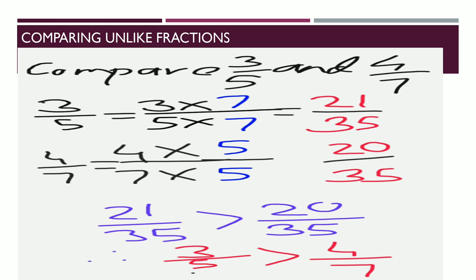With the same denominator, we compare the numerators: which numerator is greater, that fraction is greater. So 21 upon 35 is greater than 20 upon 35. So 3 upon 5 is greater than 4 upon 7.